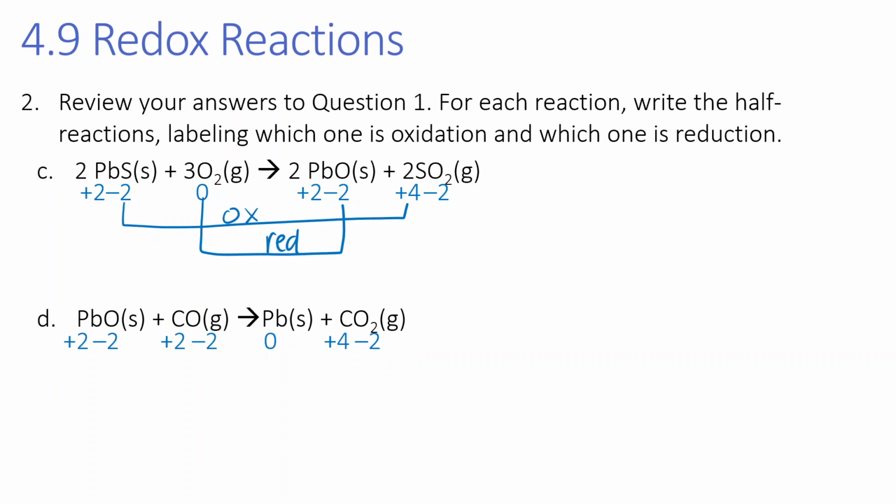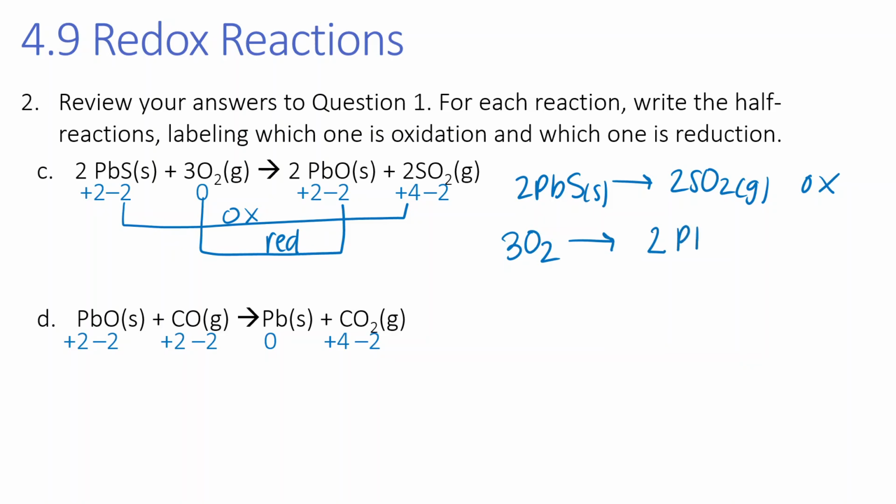So that's going to be my reduction. So my oxidation reaction is going to be my 2PbS solid forming the 2SO2 gas. So there's my oxidation. My reduction is going from 3O2 to 2PbO solid. So this is going to be my reduction.